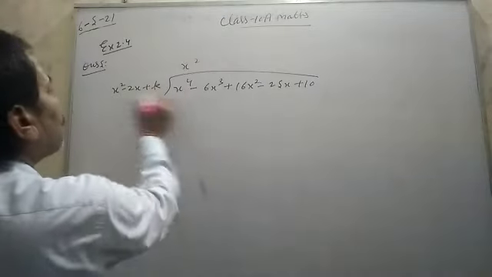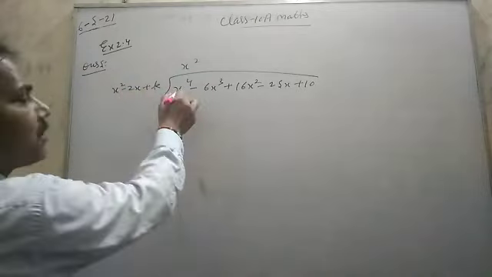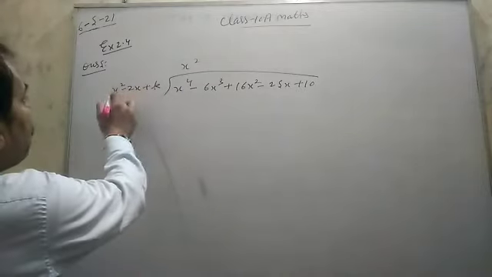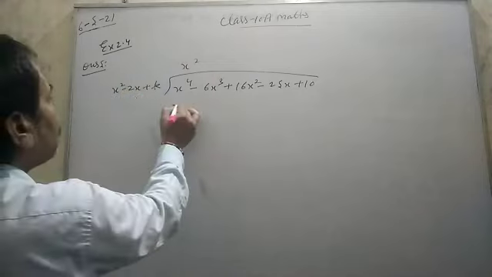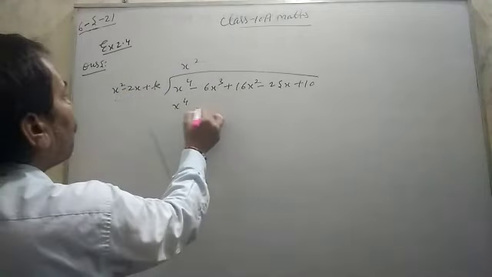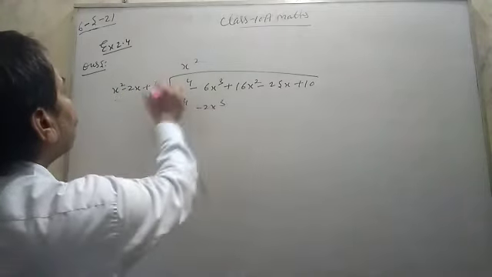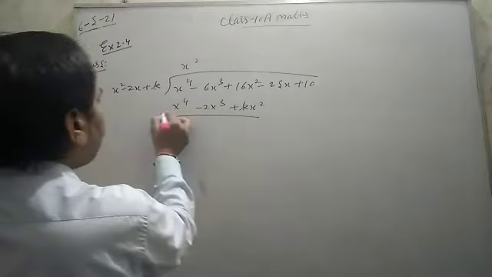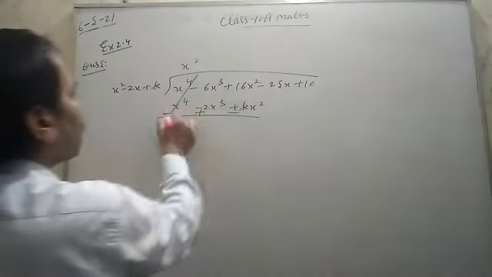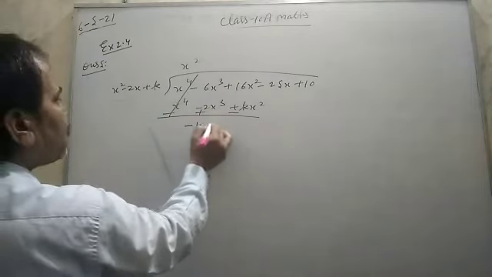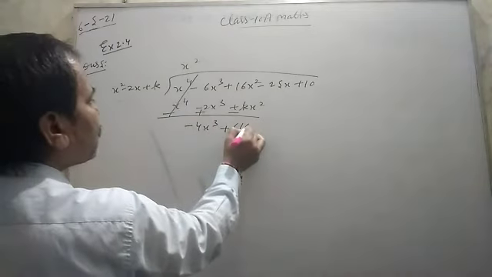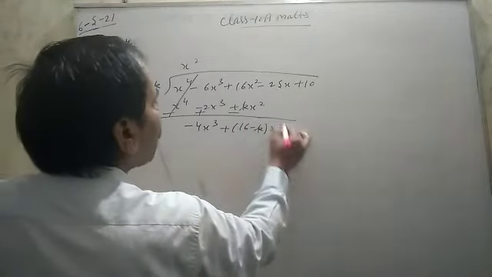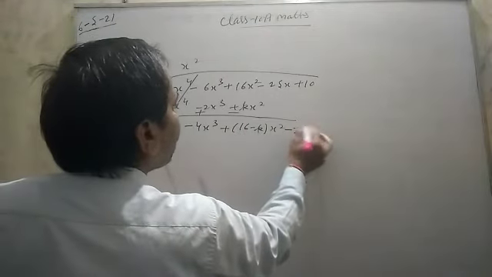So multiply by x square, then it will become x power 4. Multiplying this in each term of the divisor: x power 4 minus 2x cube plus kx square. Cancel this: minus 4x cube plus 16 minus kx square minus 25x.